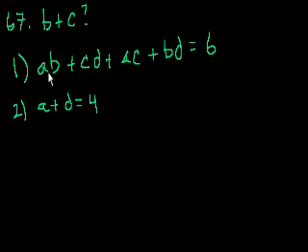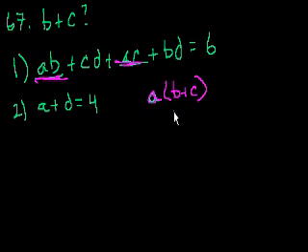So if we think about it, let me think. If you take this term and that term and you factor out the a, this term and that term is equal to a times what? B plus c. Right? You can multiply that out and you get ab plus ac.